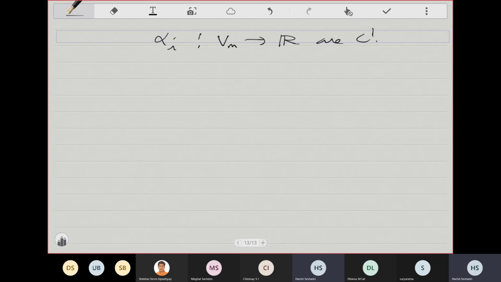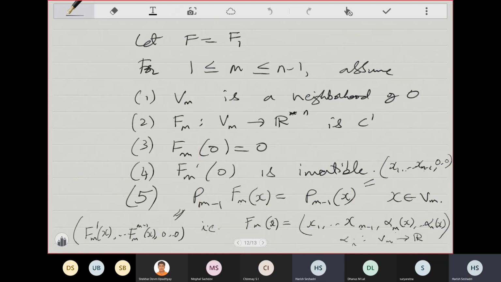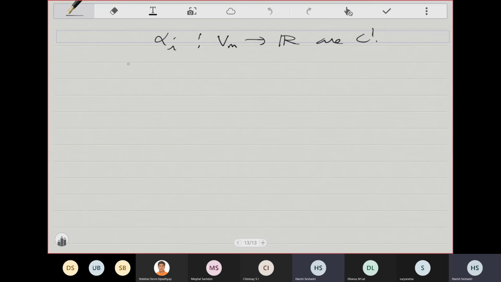This is the hypothesis. So I have Fm, and I want to define F_{m+1}. If you start with the very first one, m equals 1, then F equals F1.